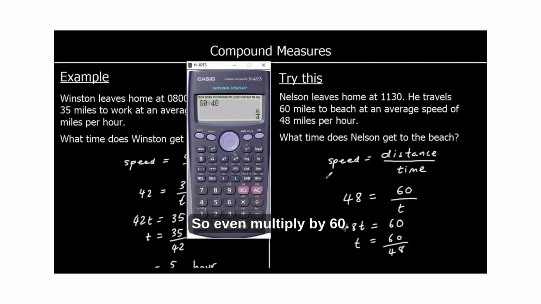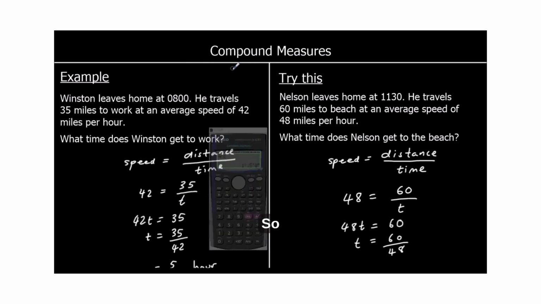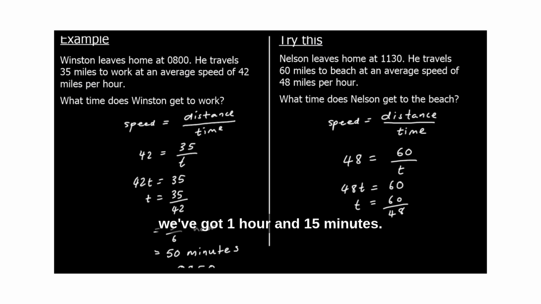So either multiply by 60 or press the time button. So multiplying by 60 would change it into minutes. So the time button is going to be even better this time, because it will say it's 1 hour and 15 minutes. So we've got 1 hour and 15 minutes.